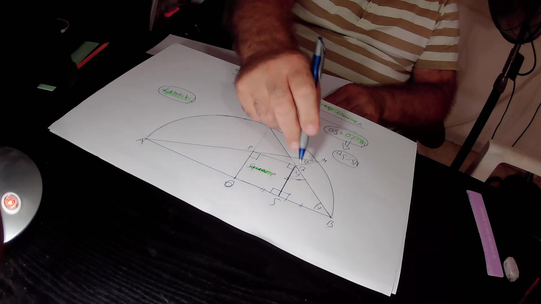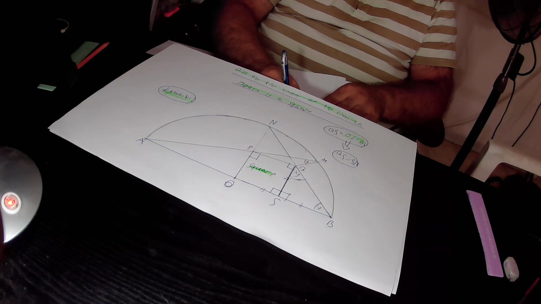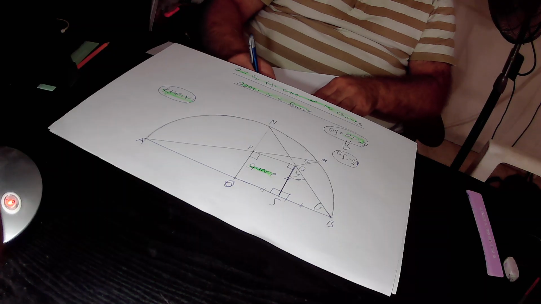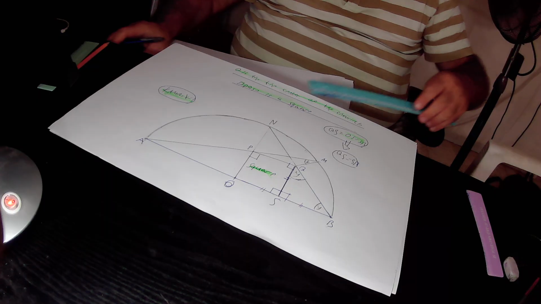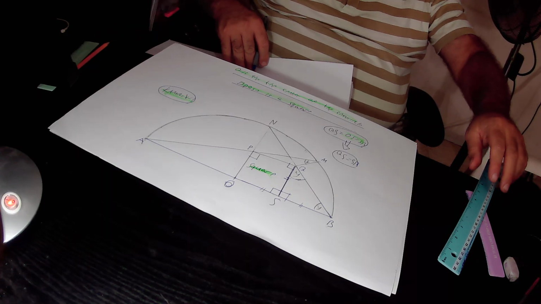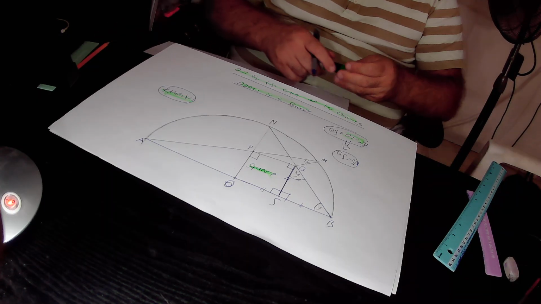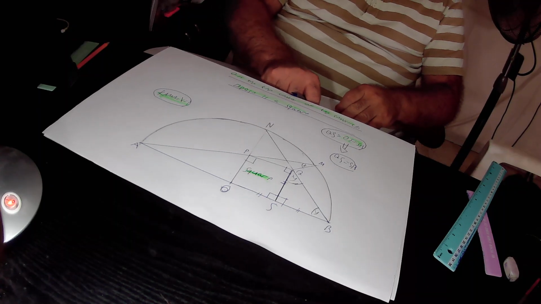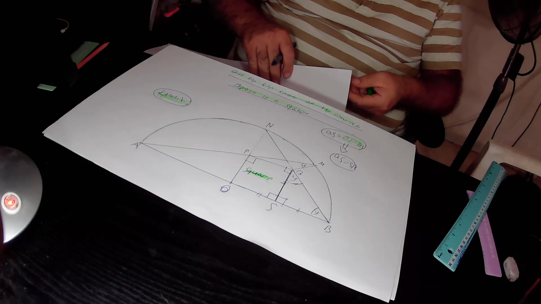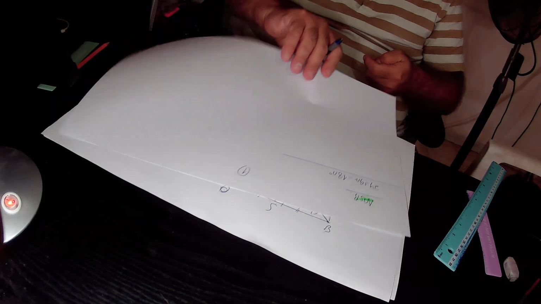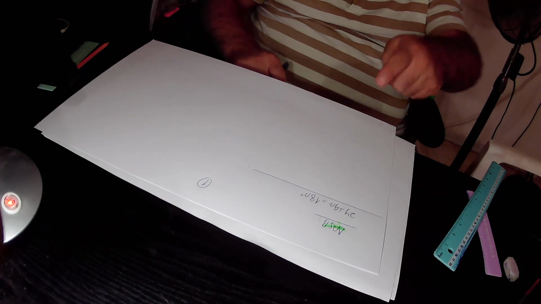In total, the sum of those three angles must be equal to 180 degrees, according to the rule that the sum of the angles in any triangle is 180 degrees.